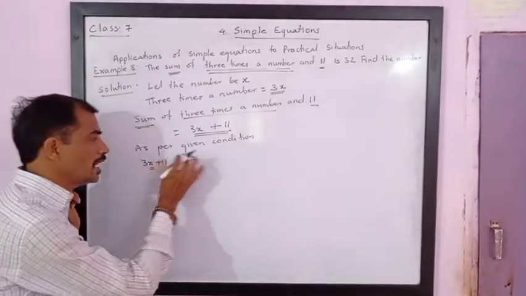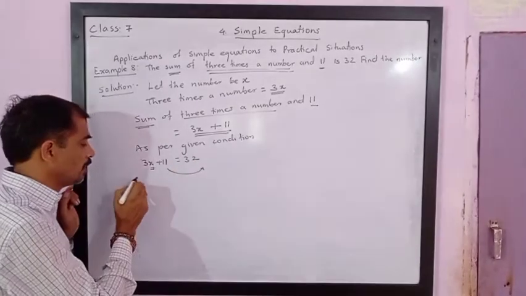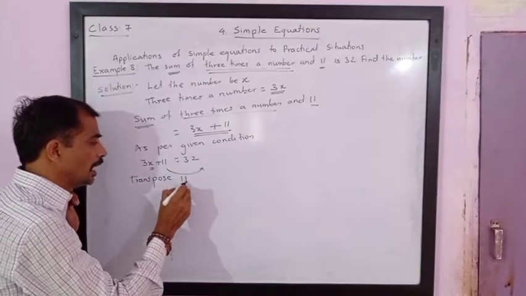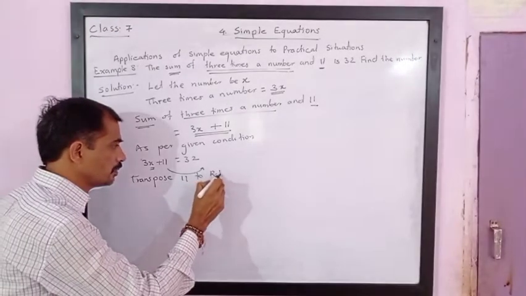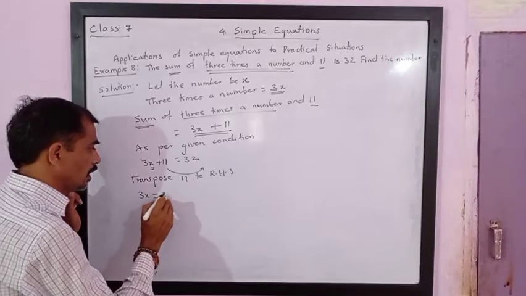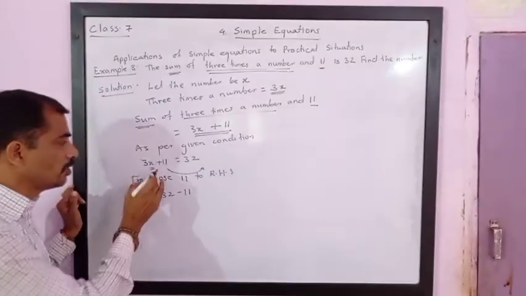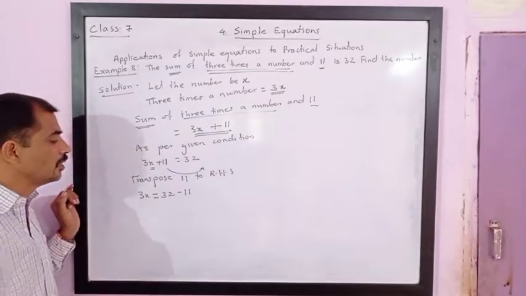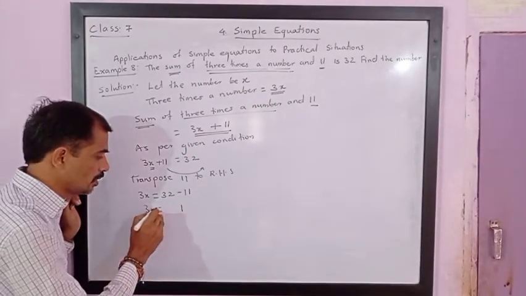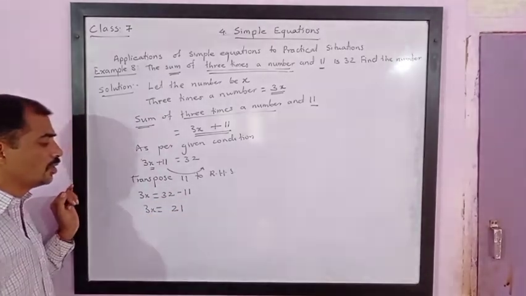If you transpose 11 to the right hand side, it changes sign and becomes negative. So 3x is equal to 32 minus 11, which is 21. So I have got 3x is equal to 21.